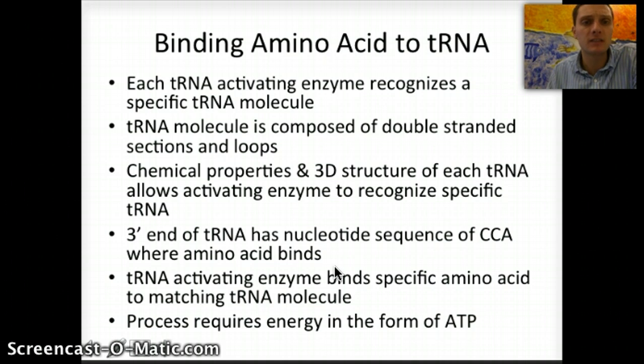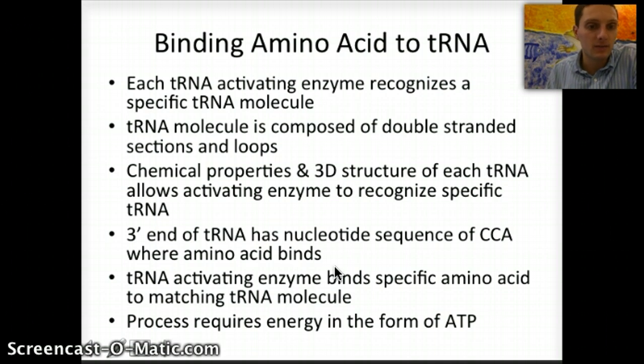Each tRNA activating enzyme recognizes a specific tRNA molecule. So it's just one activating enzyme that's going to be responsible for charging one specific tRNA molecule. The tRNA molecule is composed of double-strand sections and loops, and the chemical properties and 3D structure of this tRNA allow it to fit specifically with a specific enzyme.